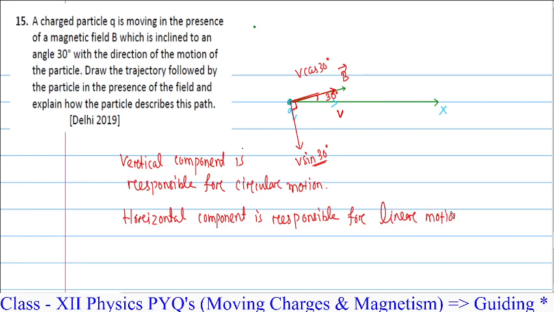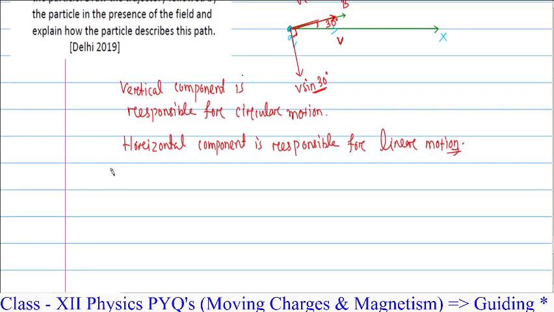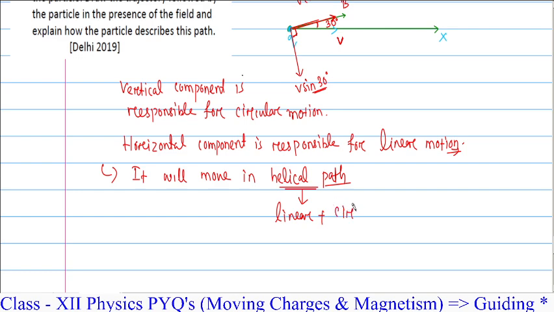As both components are present, the particle will move in a helical path. A helical path is a combination of linear plus circular motion. So it will move in a helical path.